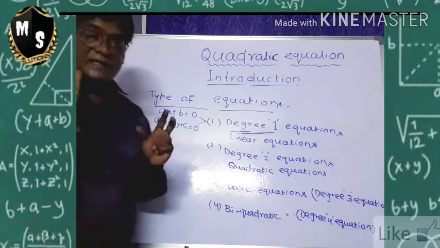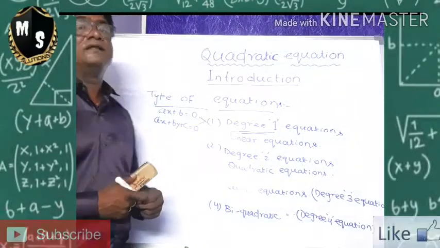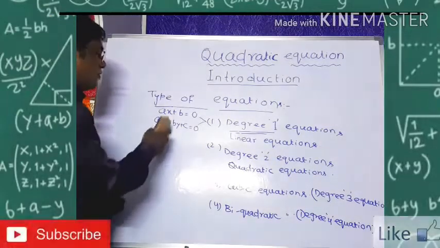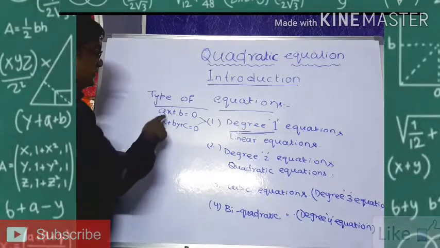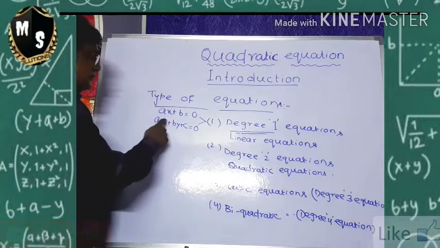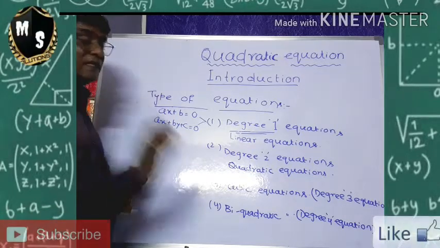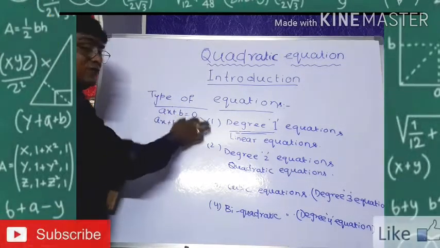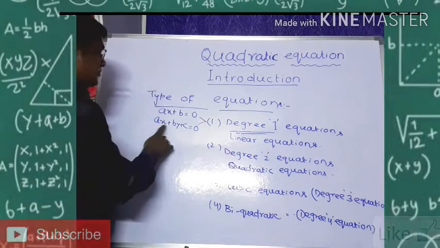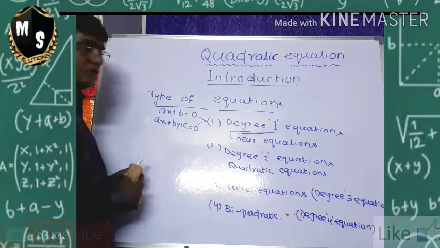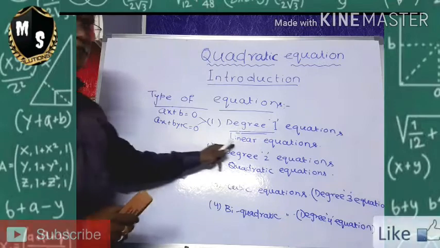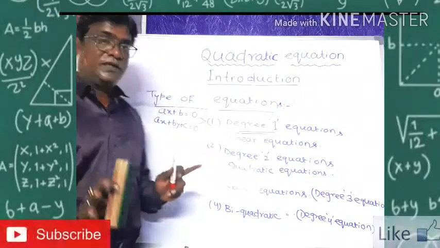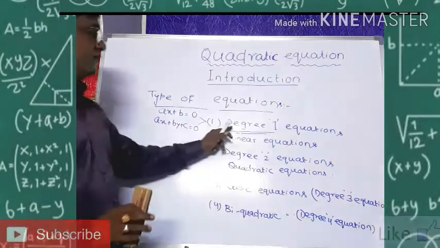If the equation is in this format, then you can call it a degree 1 equation or linear equation, because here the variable power is 1, and always they are in this format, ax plus b equal to 0 or ax plus by plus c equal to 0. Then they are called linear equations. You understood it? So now you see degree 1 equations.